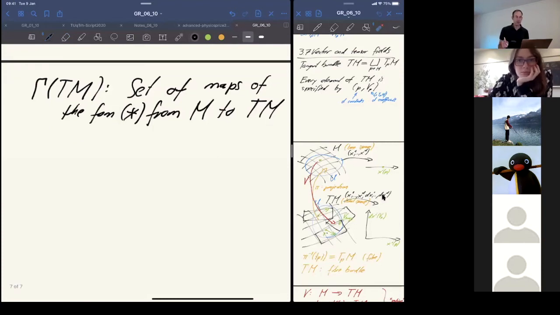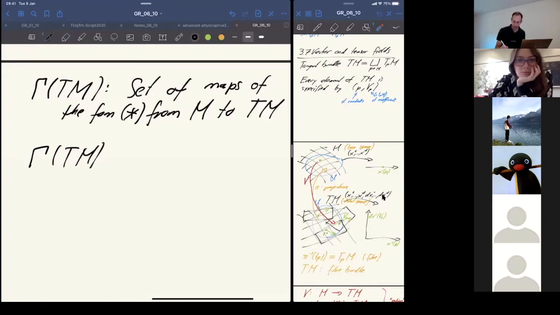Now, apart from just introducing notation, I can also add some mathematical structure. Maybe what I want to say is that this space is essentially the space of all vector fields. Maybe I'll write this down because that's important.